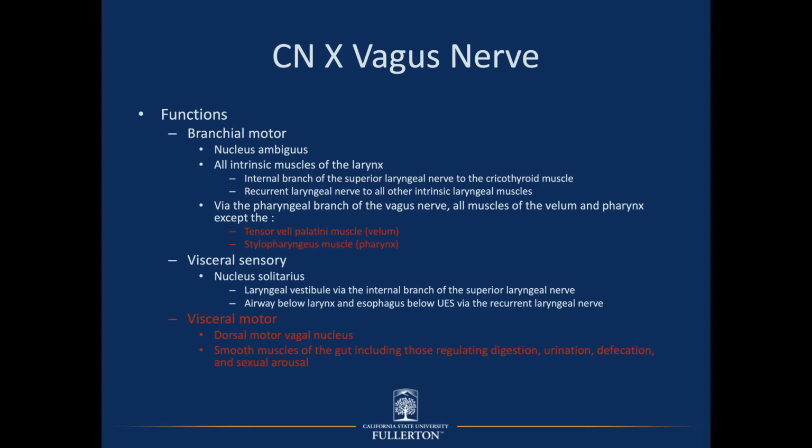Much more likely is injury to the recurrent laryngeal nerve. Why? Because it's really long. So it's going to loop down in your chest, under your aorta on one side and under your brachiocephalic, I forgot what, another artery on the other side. We'll get to that when we get to arteries.